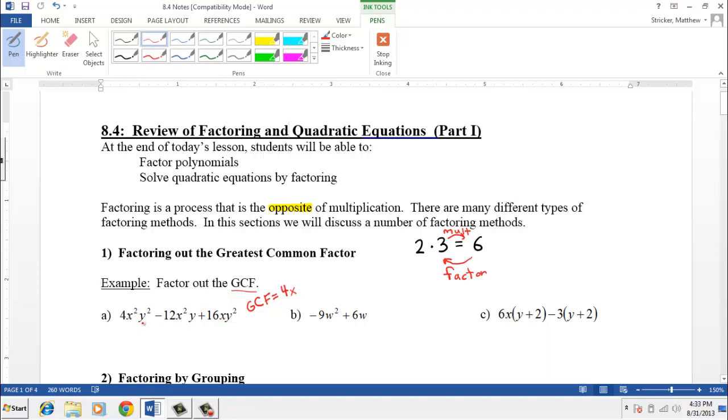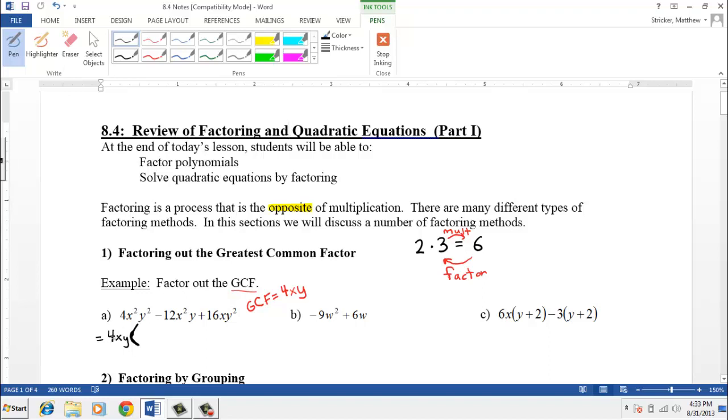Likewise, for the y's, we have y squared, we have y, and we have y squared. My greatest common factor can only include 1 y. And so if I factor out the greatest common factor, we pull a 4xy out in front. Then we put some parentheses here, and ask ourselves, what would I multiply the 4xy, our greatest common factor, by to get this first term, the 4x squared y squared?